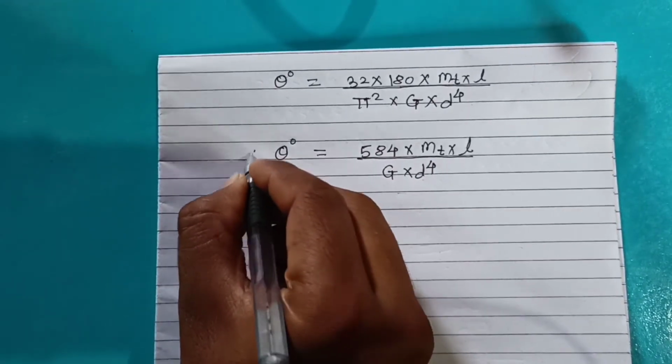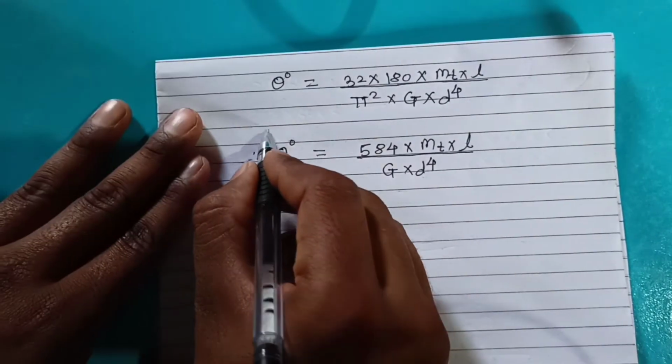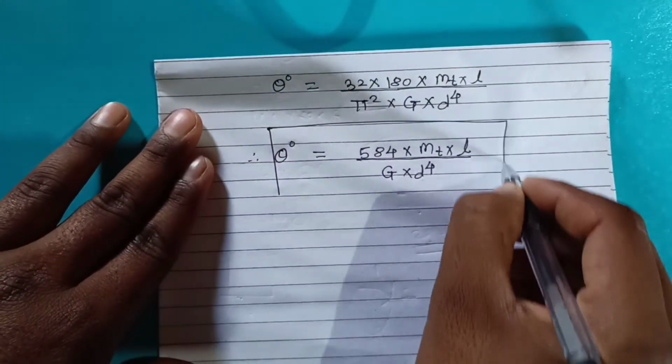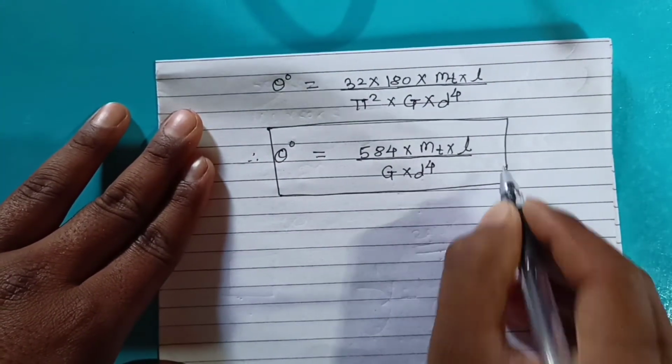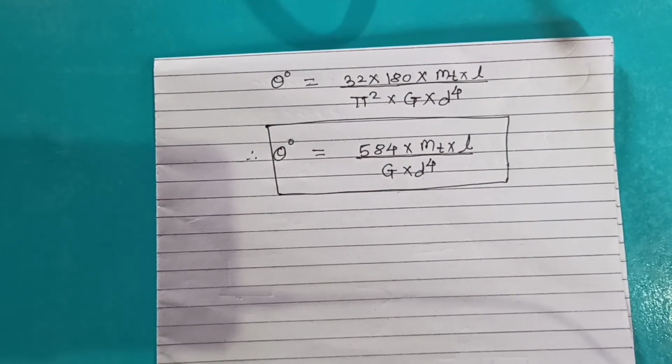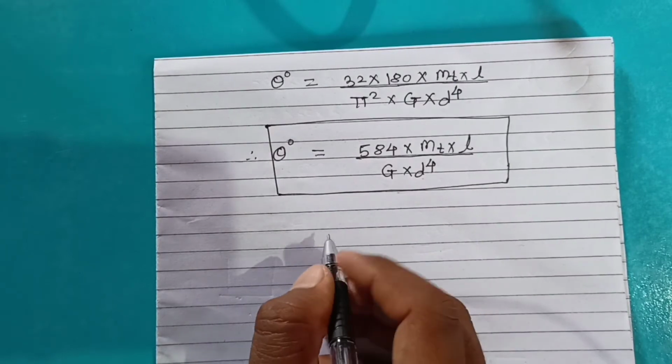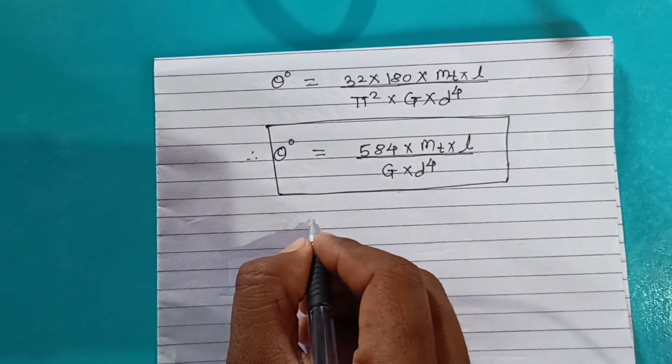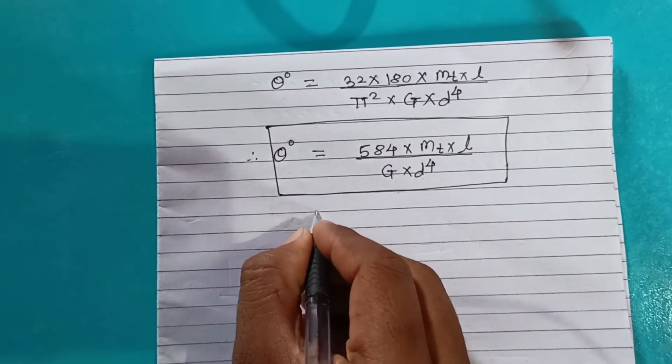This is the formula for angle of twist, and this formula is most important in machine design for the design of the shaft.